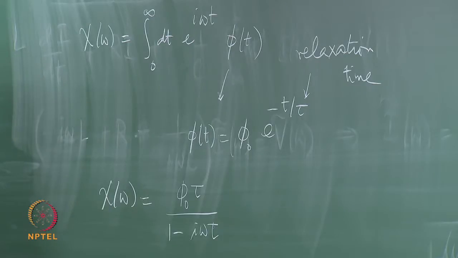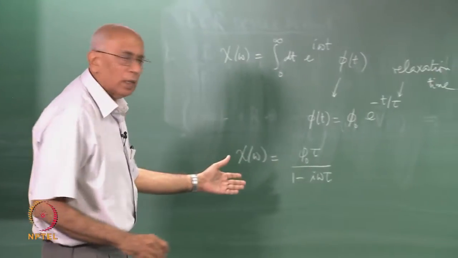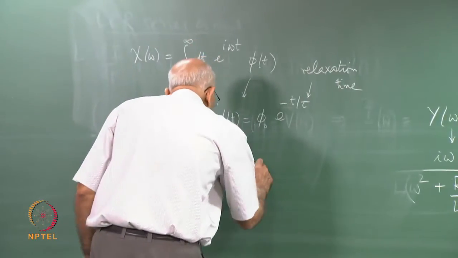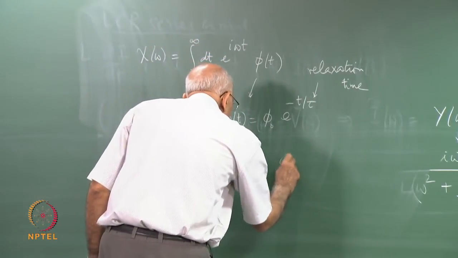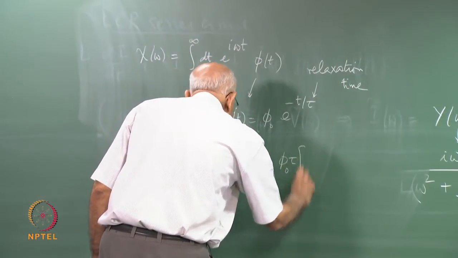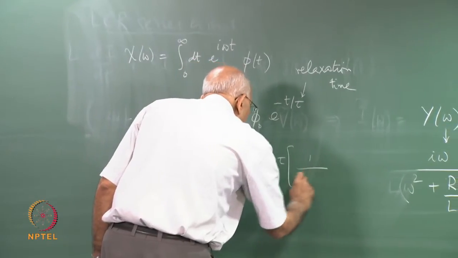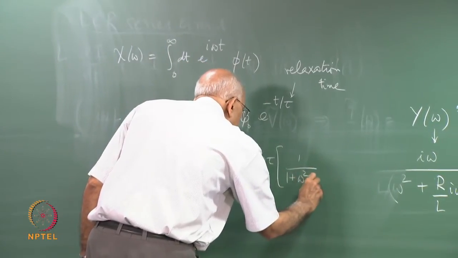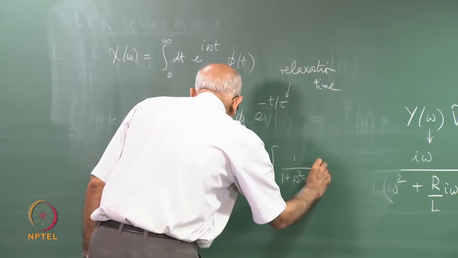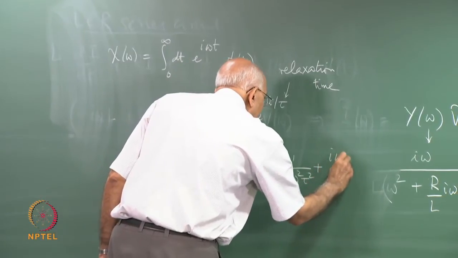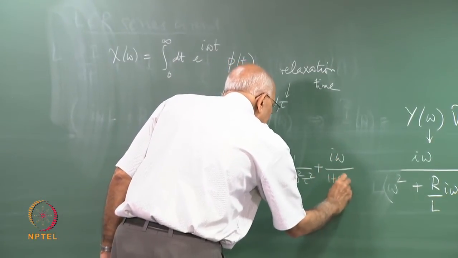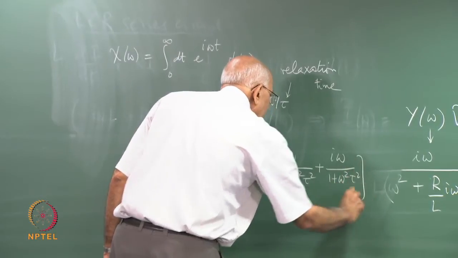So that is it. It is an extremely simple form for the susceptibility, and let us separate it into real and imaginary parts. I write this as phi naught tau times 1 over 1 plus omega squared tau squared plus i omega tau over 1 plus omega squared tau squared.